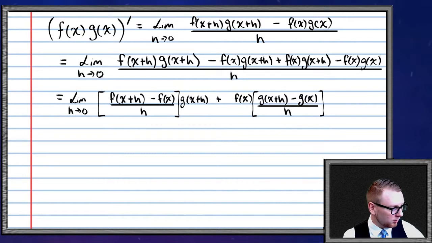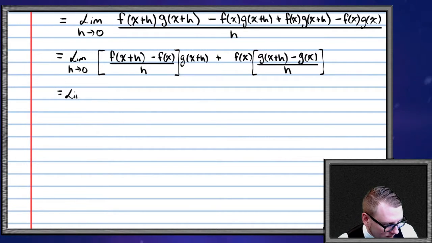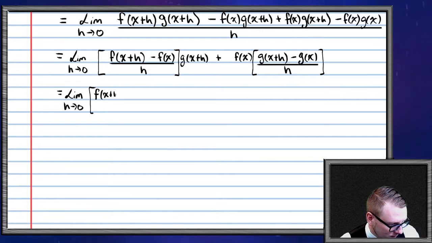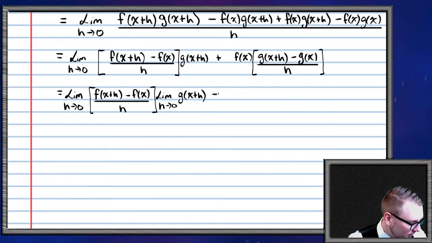Okay, now we can distribute the limit. We're going to have limit as h approaches 0 of the first function here, so this is our f of x plus h minus f of x, all over h, times the limit as h approaches 0 of g of x plus h, then plus the limit.